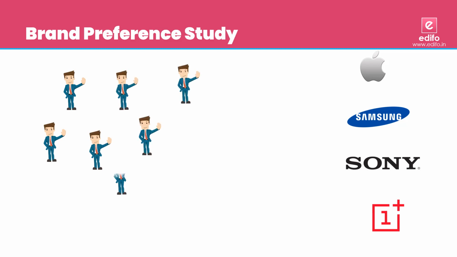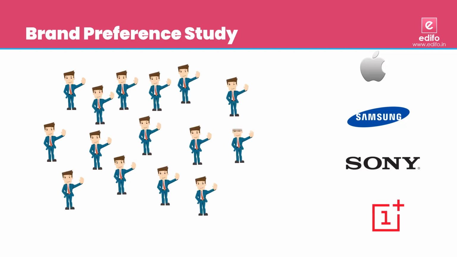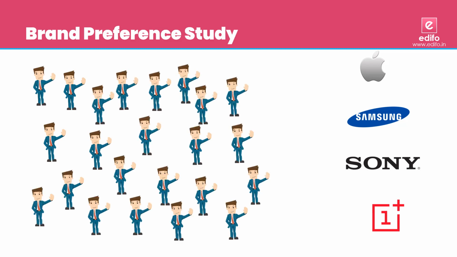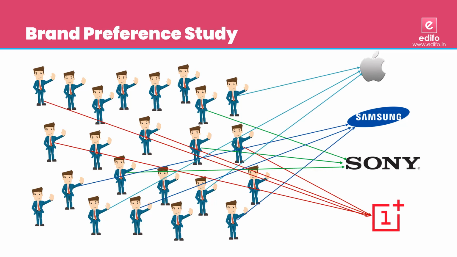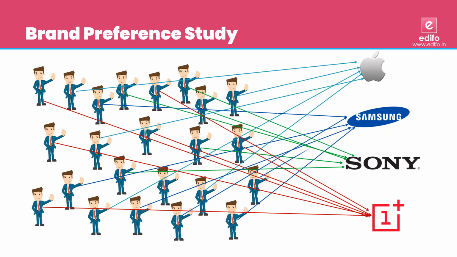Of course, every consumer has their own brand preference towards the smartphone brand. Here we can ask 2 questions: whether the consumers' preference towards smartphone brands is equal or there is a significant difference. This is our research question. For solving this problem, we can use a one-sample chi-square test.